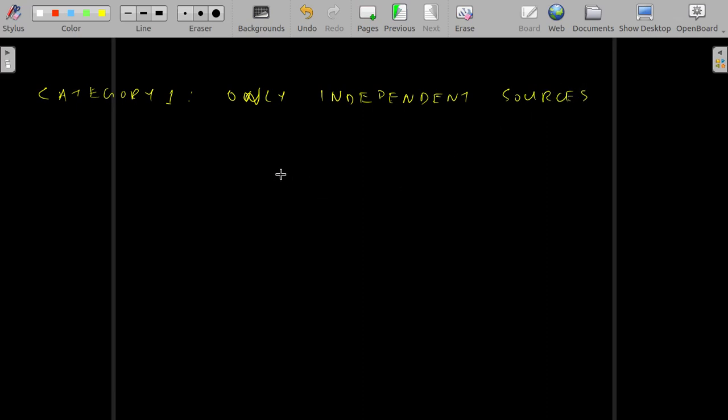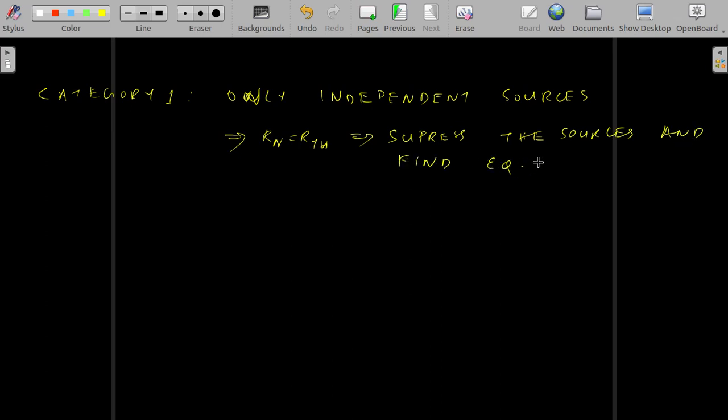Here, to find RN or RTH, we simply suppress the sources and find the equivalent resistance across the given terminal. That is category 1.